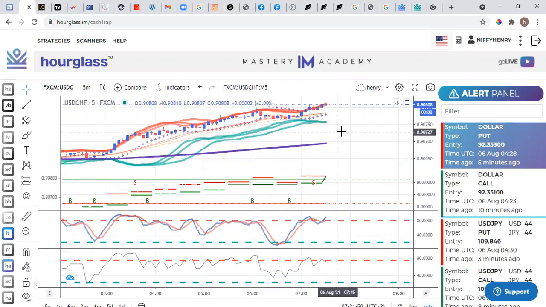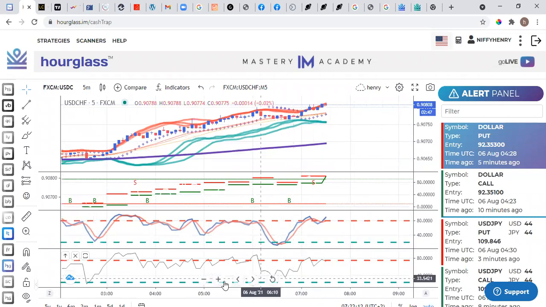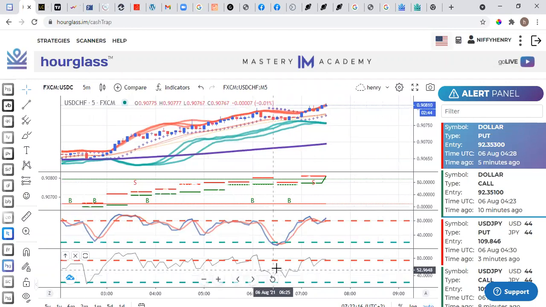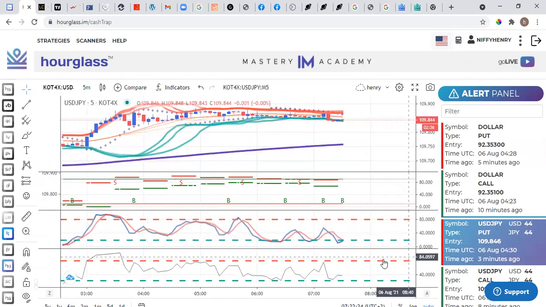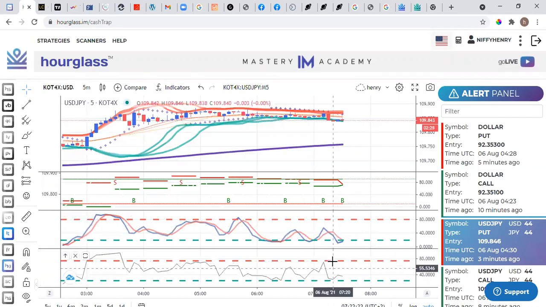Right now I can see close to 8-9 indicators that are currently at work in this Cash Trap. Let me start from the RSI. The RSI tells you whether a currency, the stochastic and RSI work the same way, tells you how much the currency has been bought and how much has been sold.